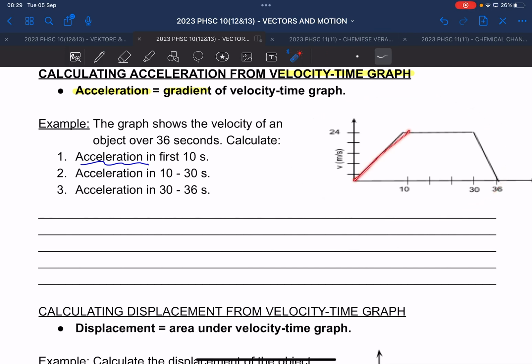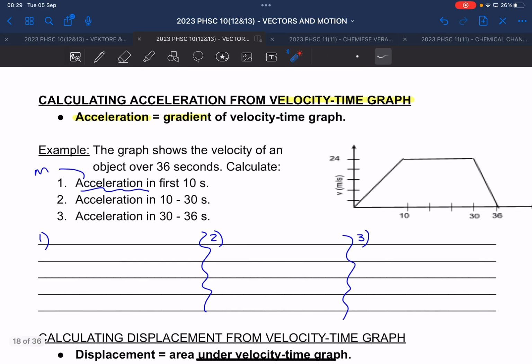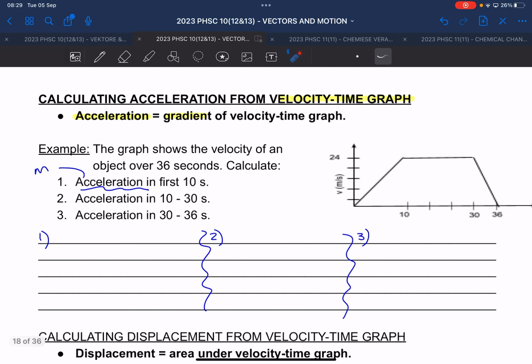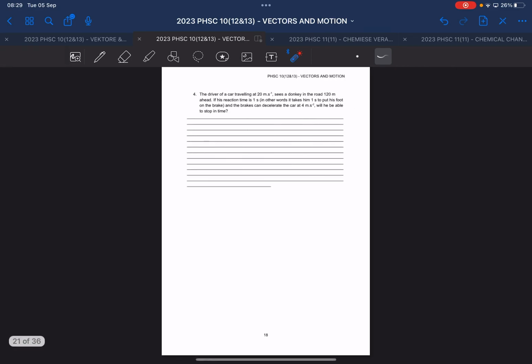Oh, acceleration is the gradient. So if they ask acceleration, they're basically asking me to calculate the gradient. Please don't call me during your test and say, ma'am, there's a mistake on the question paper. They ask for acceleration, but there's nowhere on the graph. You must know.